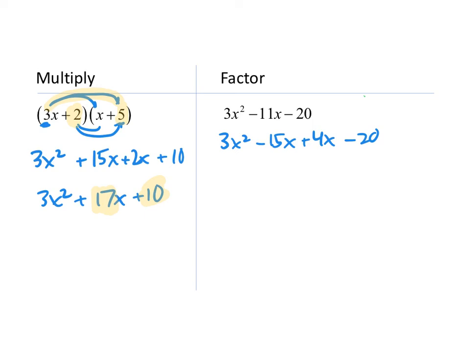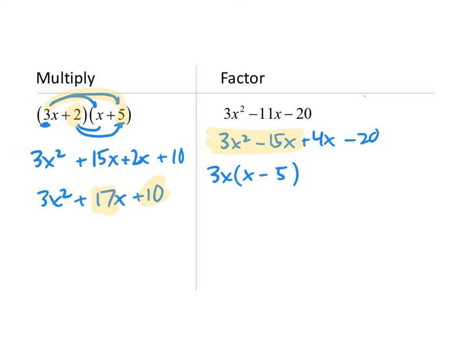Here we have to look for common factors by pairs. So we'll look at the first two terms. They have a 3x in common. Let's factor out a 3x. So take a 3x out of there, you have 1x left, minus 5.